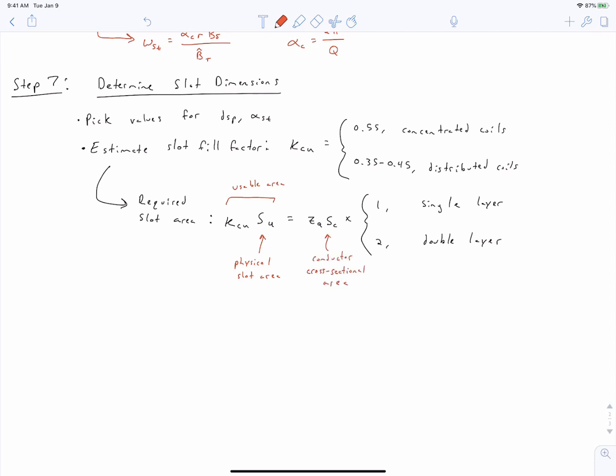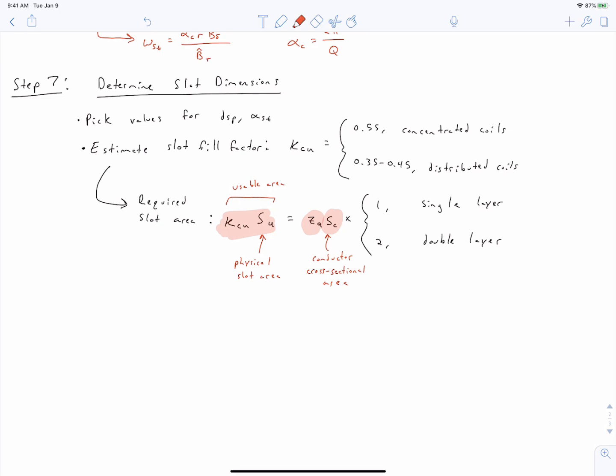And so using the slot fill factor, we can write this expression out. And this expression is telling us that the total usable area in our slot is equal to the slot fill factor times the physical slot area. And that is going to be equal to the number of turns that we have times our conductor's cross-sectional area.